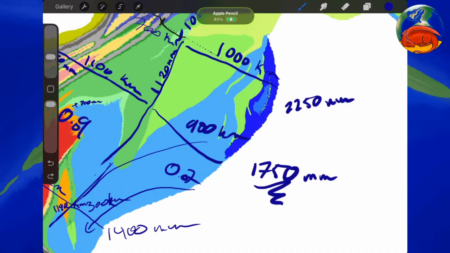Let's figure out where that's going to be for how far inland we need to get.